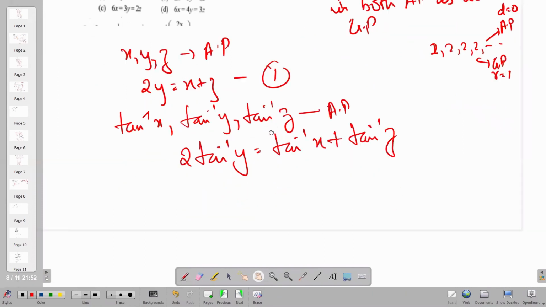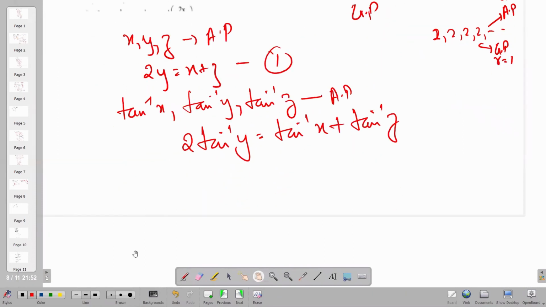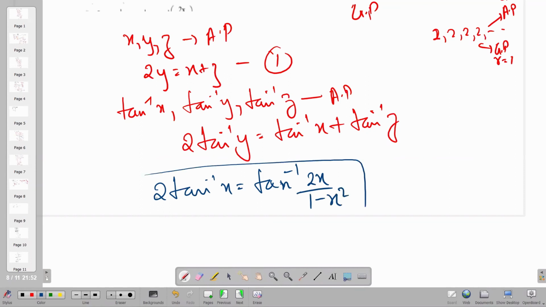And on further solving, by using the identities, because my question is in terms of tan inverse, we use 2 tan inverse of x as tan inverse of 2x upon 1 minus x square, using this identity in LHS.